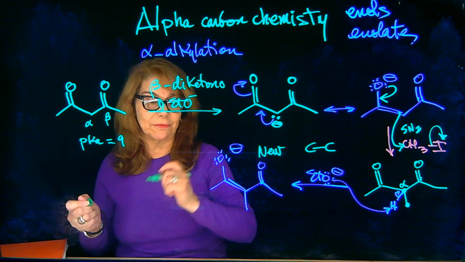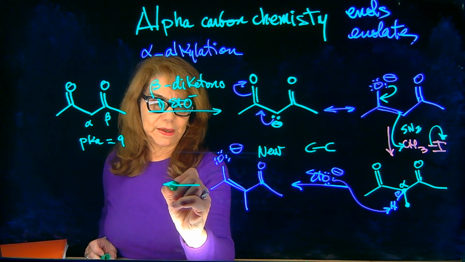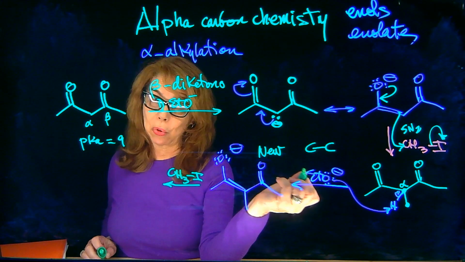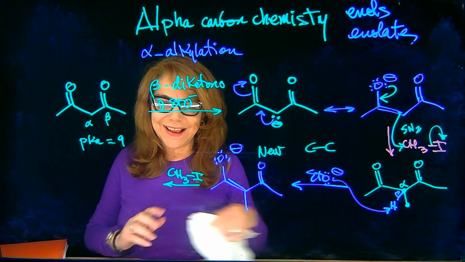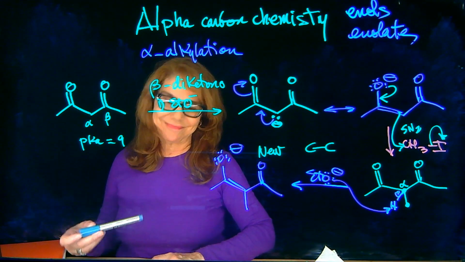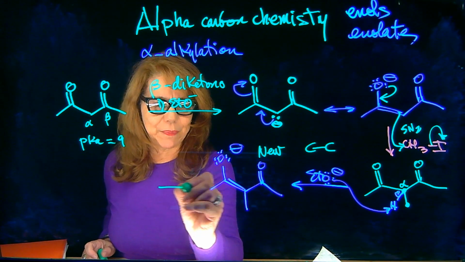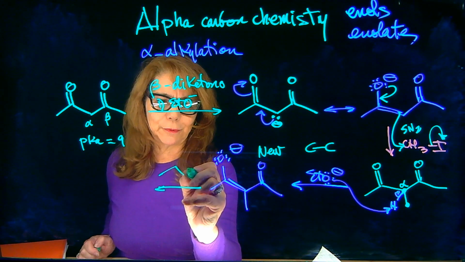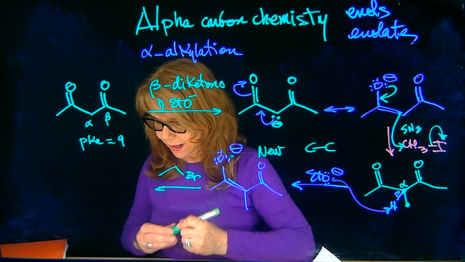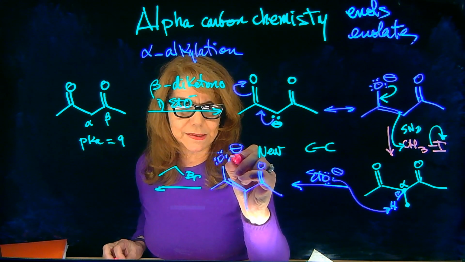But if I make it react again with methyl iodide, or let's say, I'm going to change it. Let's say that I'm not using methyl iodide, but ethyl bromide, just to see what happens, right? So ethyl bromide. So now I can do my SN2 attack, right?